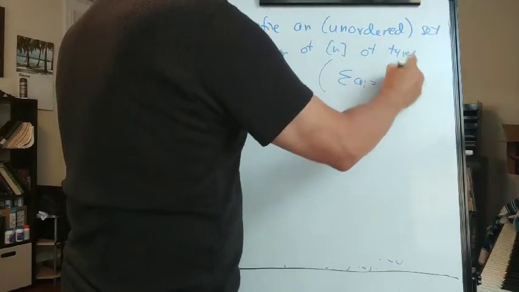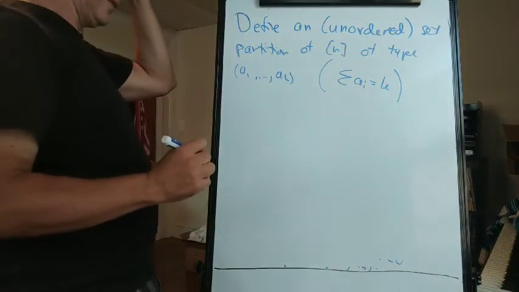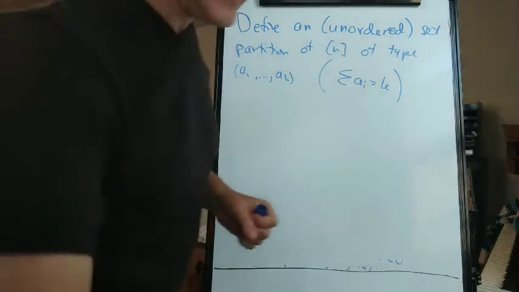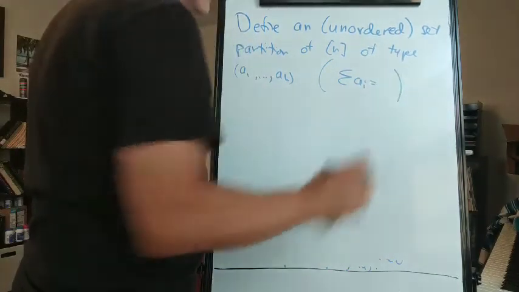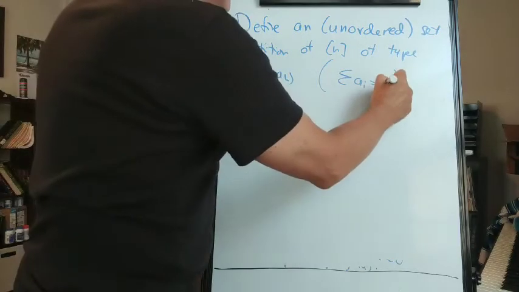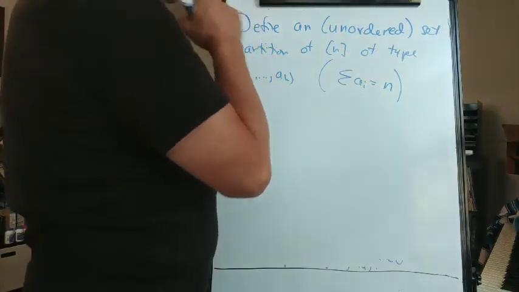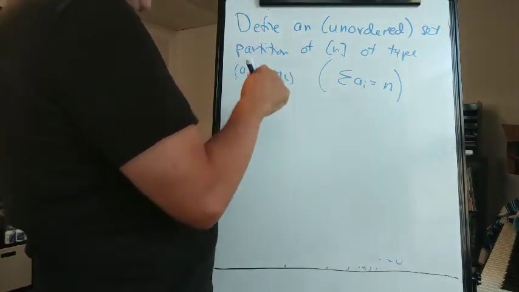Again, we're assuming that these numbers sum to n. I'm actually assuming that these are non-zero also.